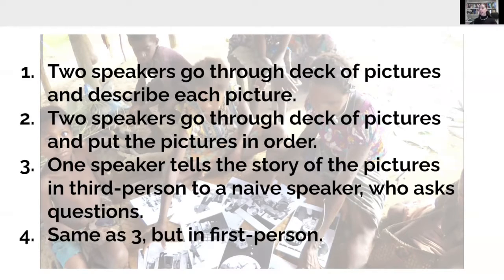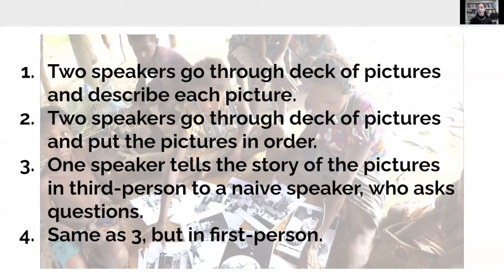And then in the final task, the other speaker tells the story again, but this time in the 1st person. So as you can see, these types of tasks are gathering all kinds of naturalistic data, also narratives both in the 3rd person and in the 1st person.